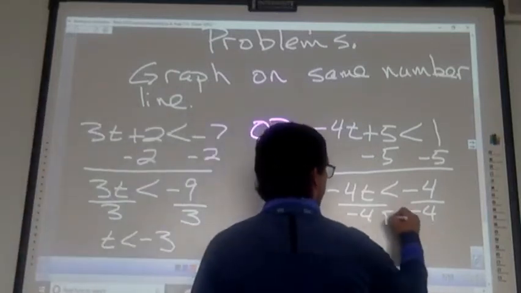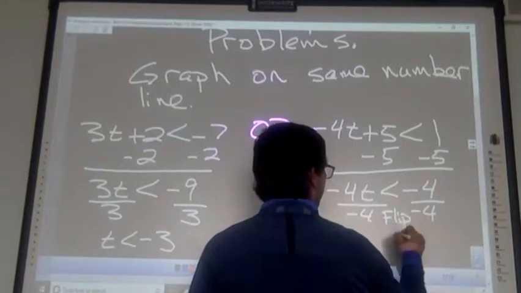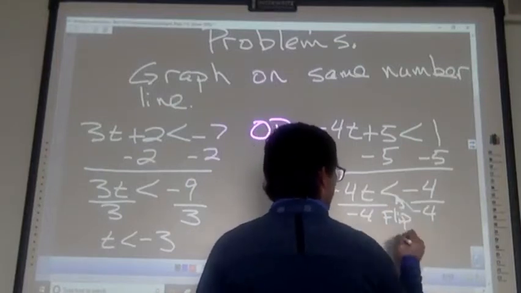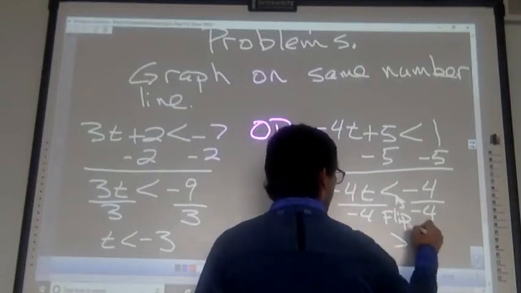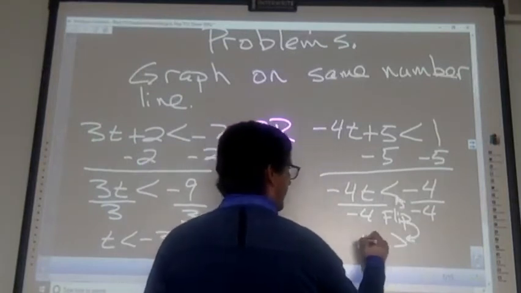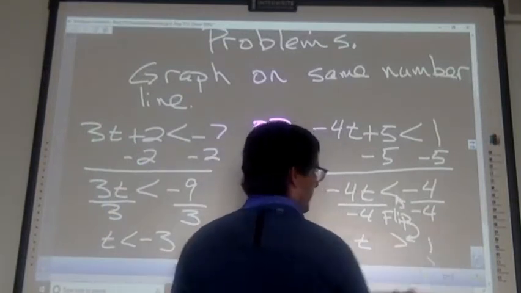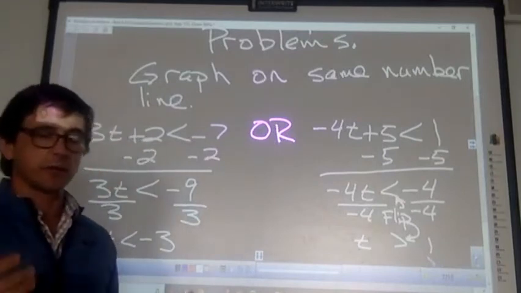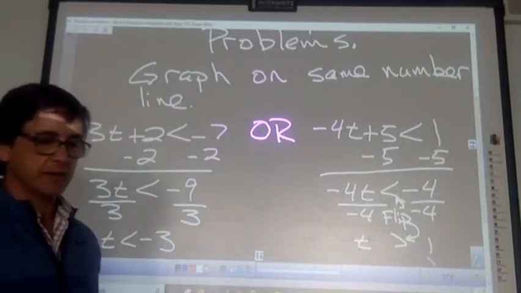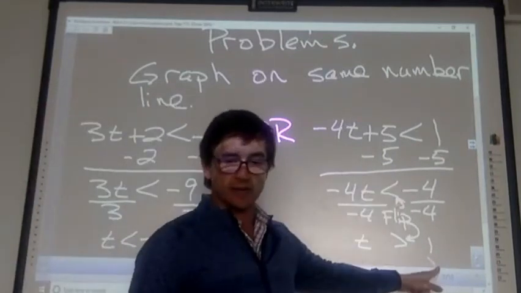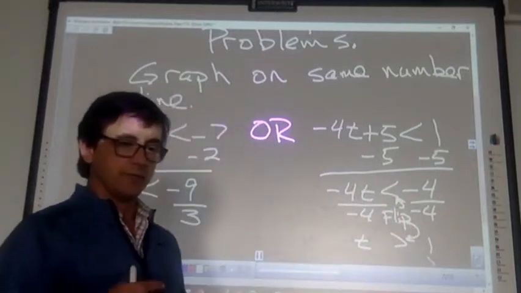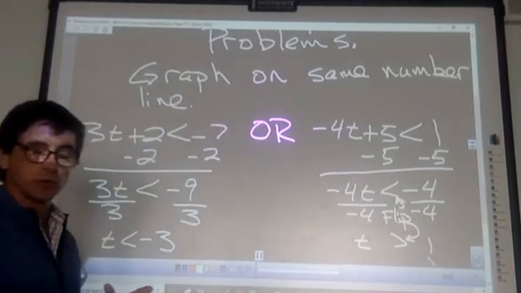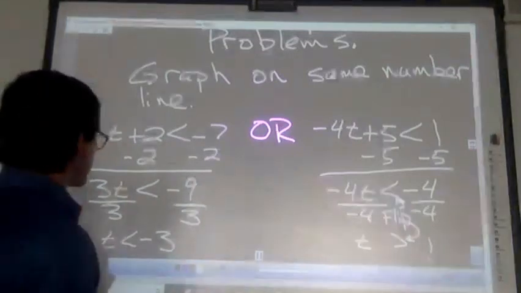Okay, so flip. So we end up with t is greater than +1. Just like when you multiply 2 negatives, you have a positive. When you divide 2 negatives, you have a positive. So those rules work with multiplication and division.